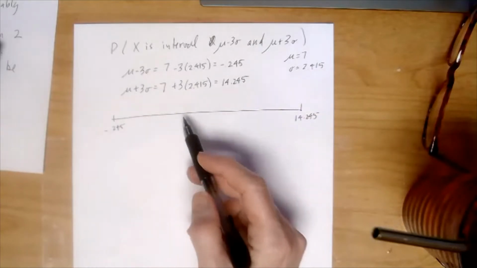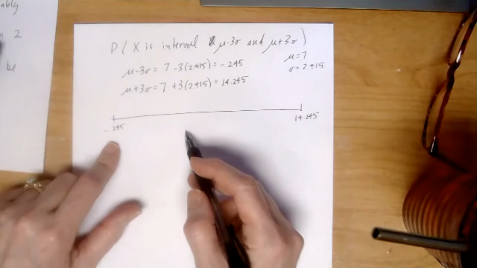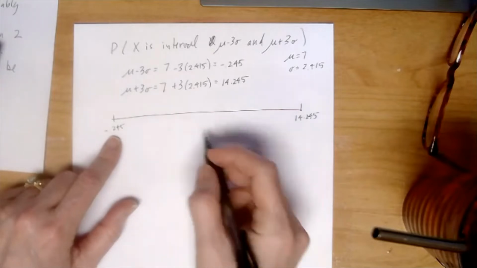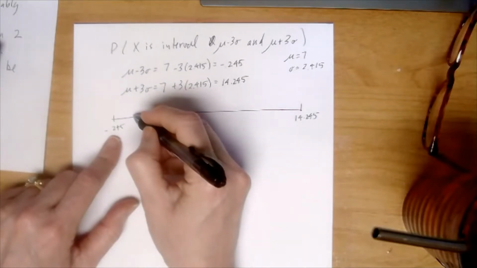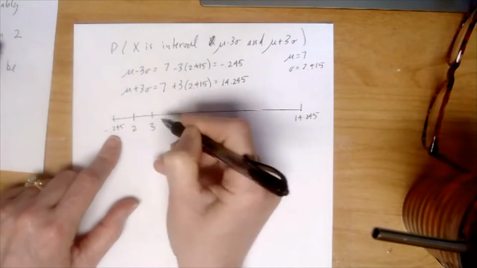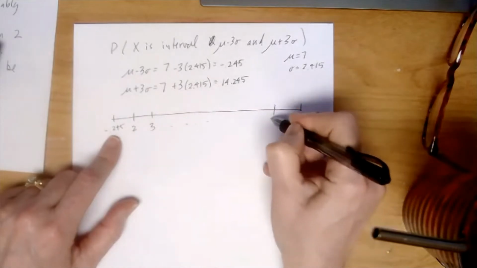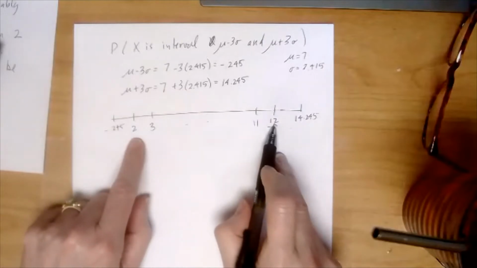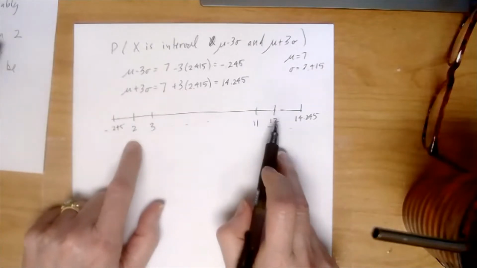Okay. So then if I make an interval, here's negative 0.245 and 14.245, what's the probability that x is in here? So what values of x are in between here and here? Well, the lowest value for x was 2. Okay, so here's 2, and then 3, and then it goes up to 12. All right? So my possible values of x are all in here. What's the probability of being between 2 and 12?